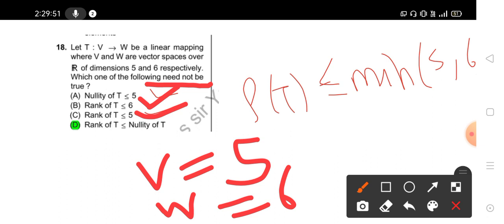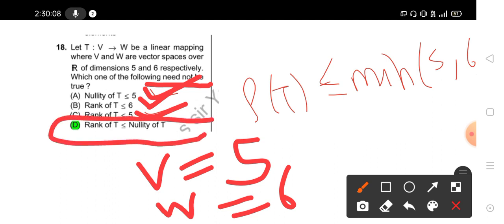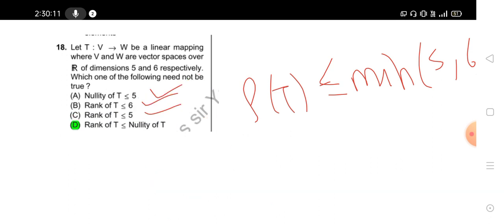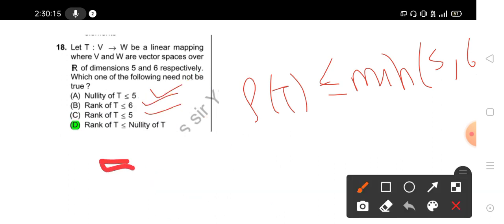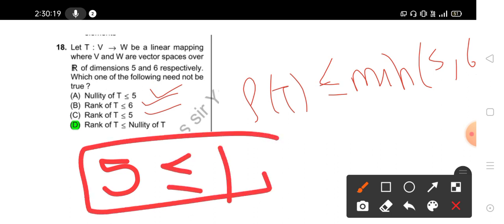And if I take rank of T equal to 5 and nullity of T equal to 1, this is also possible. 1 is less than or equal to 5, this is also true. Therefore rank of T less than or equal to nullity of T is not possible. If I take rank equal to 5 and nullity of T equal to 1, this is not possible. Therefore option D is not correct.